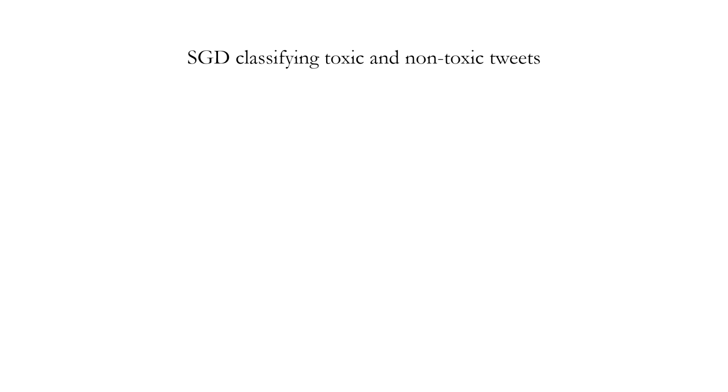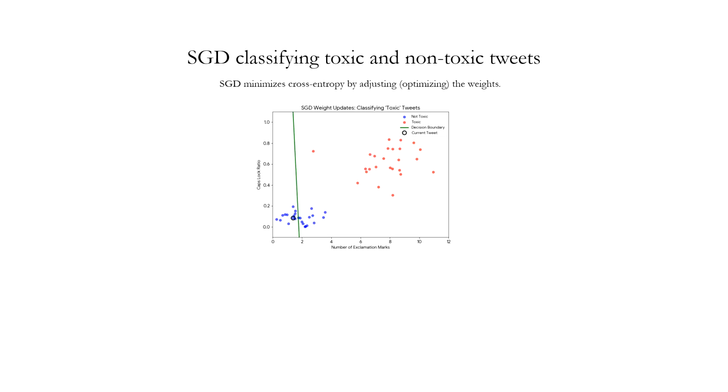So here's another example of SGD classifying toxic and non-toxic tweets. SGD minimizes cross entropy by adjusting, optimizing the weights. And this is what I've been saying. Here we've got this algorithm, the SGD, going through each of the tweets, and it's basically updating to see whether it's toxic or non-toxic.